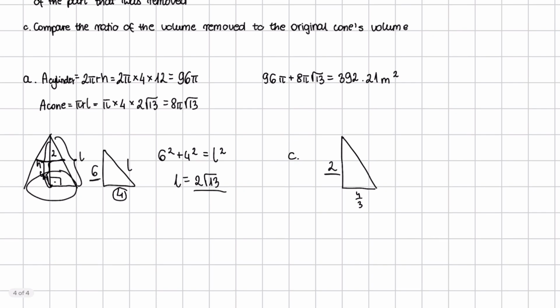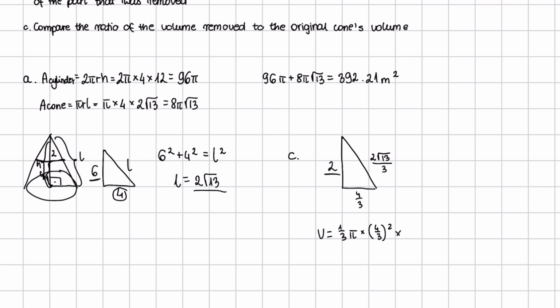So this is 2 square root of 13 over 3. And now we can calculate the volume of right cone. So 1 over 3 times pi times r squared, so our radius, so 4 over 3 squared, and times height.